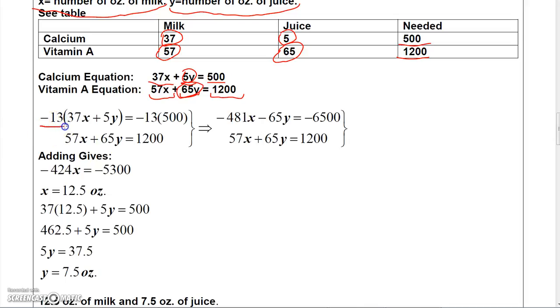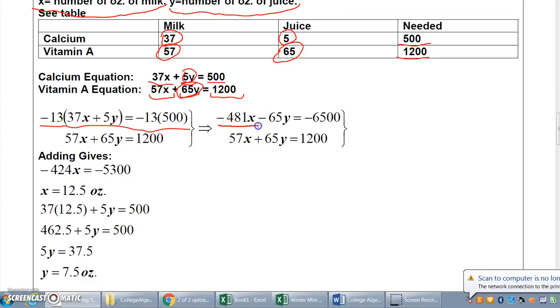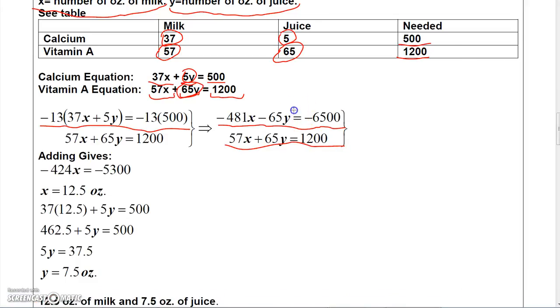So if I multiply everything in the first equation by negative 13, you can check this on the calculator, it'll give me negative 481x minus 65y equals negative 6500. And then I can add the second equation to that, and the y's will cancel. And when I add those together, I got negative 424x equals negative 5300.